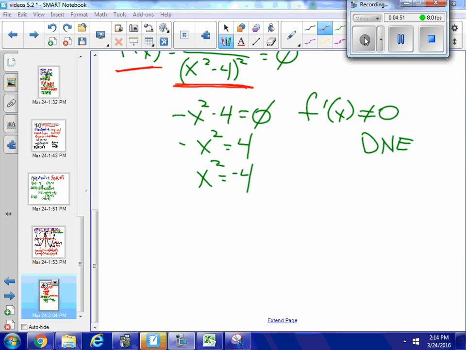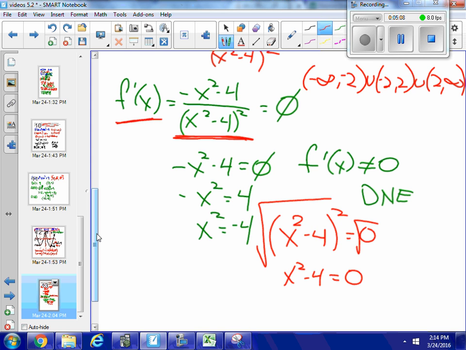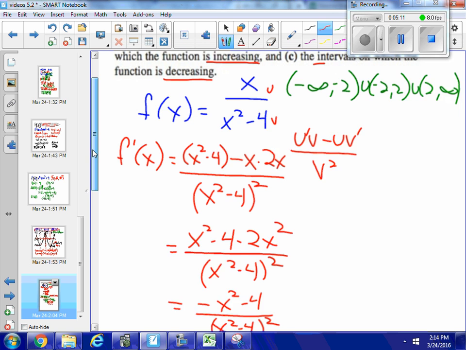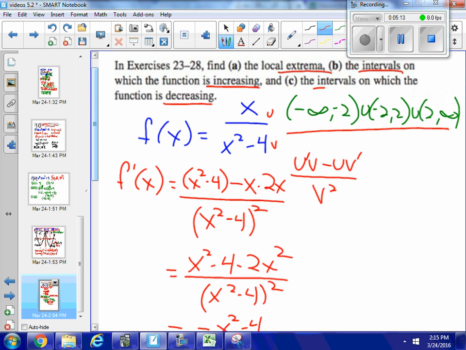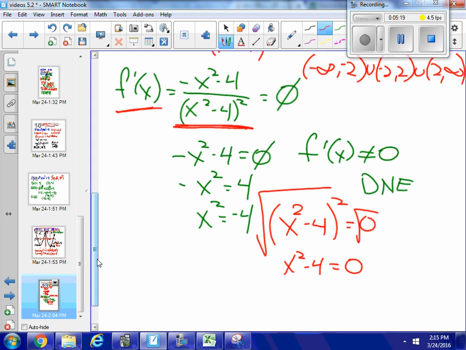I'll just work it out real quick for you here. If I set x squared minus 4 squared equal to 0, I would take the square root of both sides, and I would get x squared minus 4 equals 0. And that's exactly what I was working with way up there with the function to find the domain. So I know that the domain of the derivative and the domain of the function are the same, so that's telling me that f prime of x does not exist where x equals -2 or x equals 2.